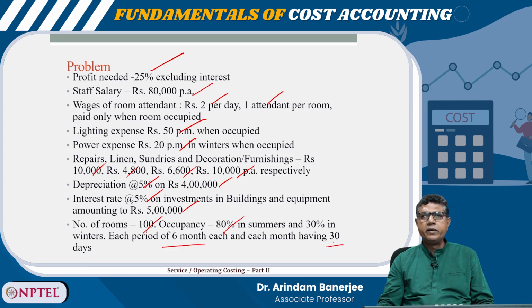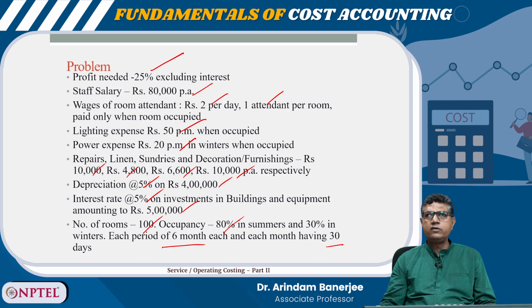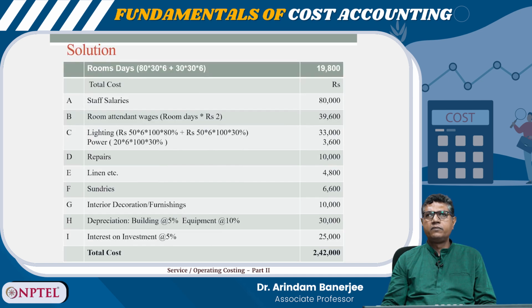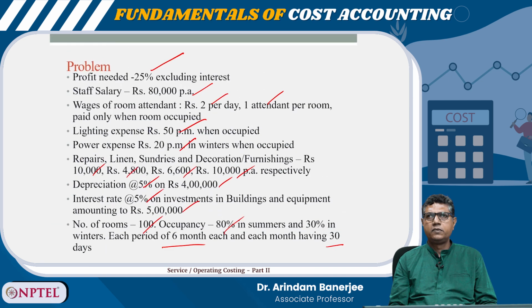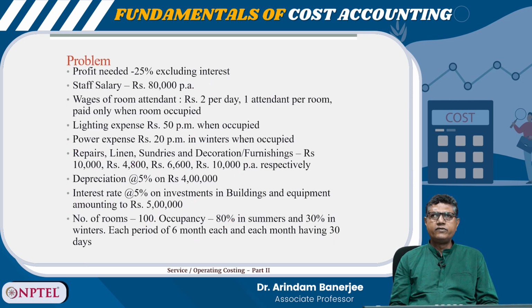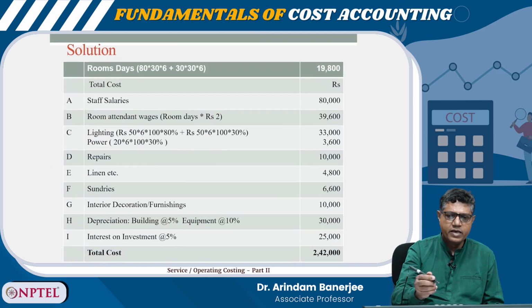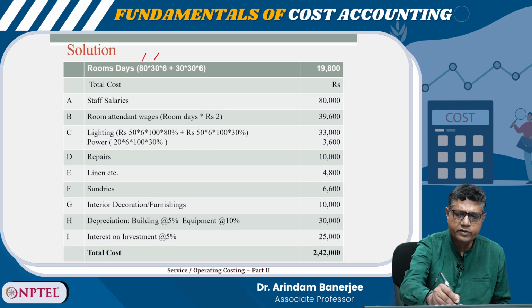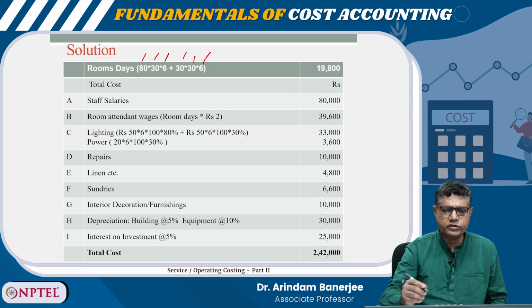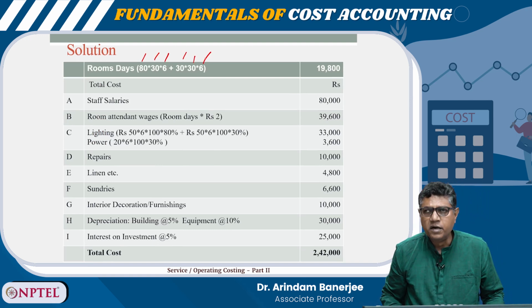So we need to prepare the cost sheet for a canteen, right? These are the information given, and we need to calculate the cost sheet. So room days, how much? Room days is 80 into 30 into 6 plus 30 into 30 into 6, right?